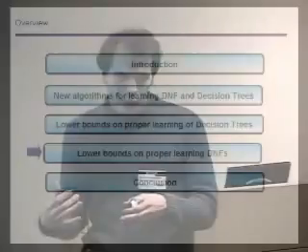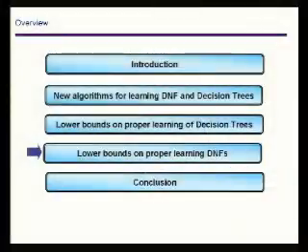So it would imply the following nice corollary. You have a function computed by a small decision tree, then it's difficult to approximate it by DNF. It would be nice to prove this, but we have failed so far.